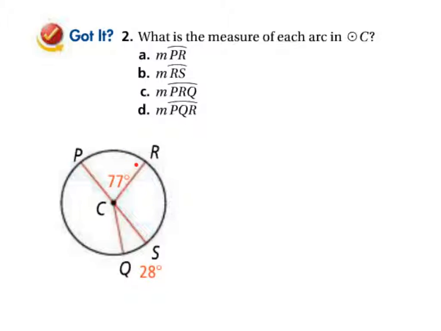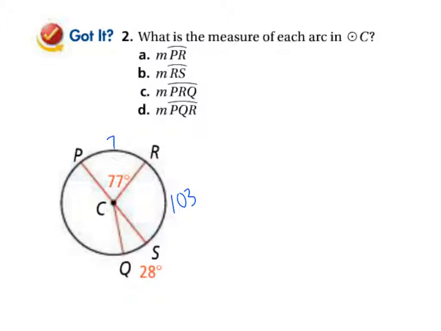All right, I'm going to start off and fill in everything I can. Since this creates 180 right here, I know that the 77 plus something has to equal 180. So I'm going to type 180 minus 77, and I'm going to get 103. And I can do that same thing.